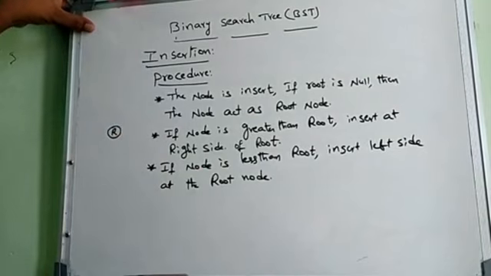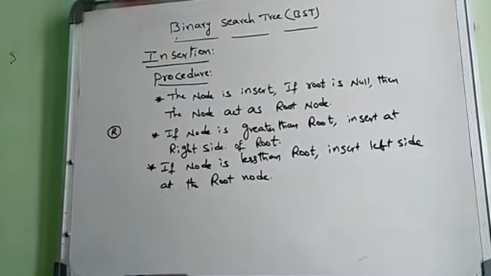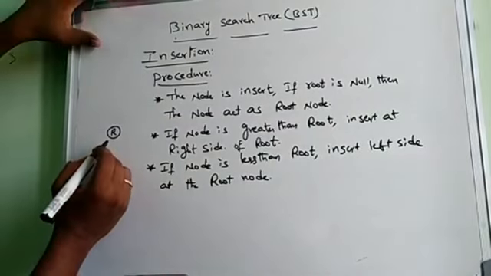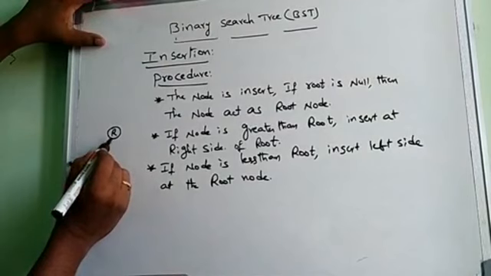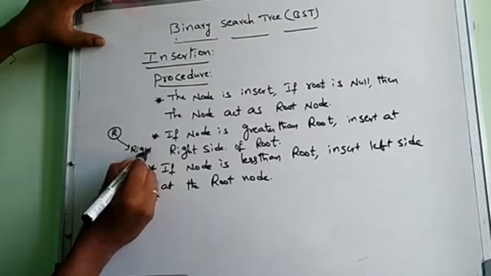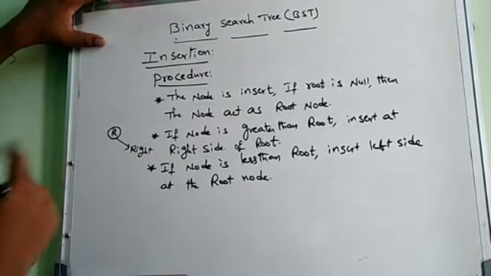Next, if you insert any other node and the new node is greater than the root, it can go to the right side. That is the second property.